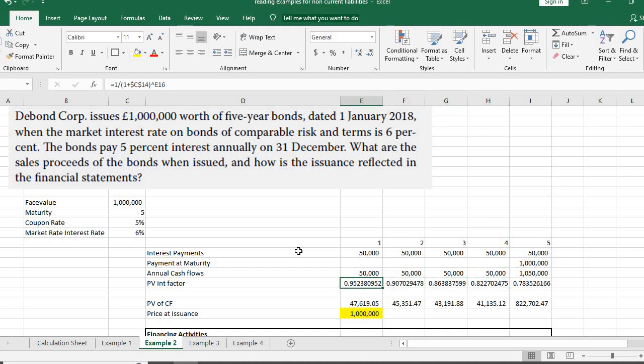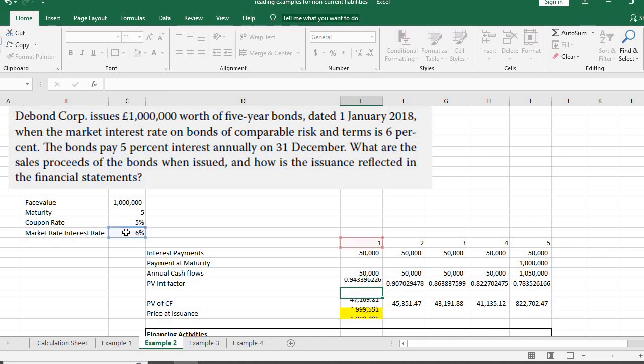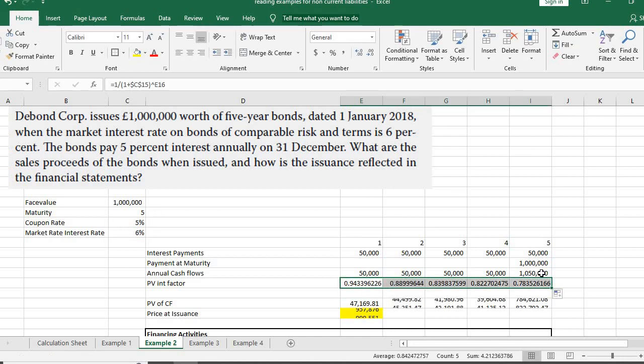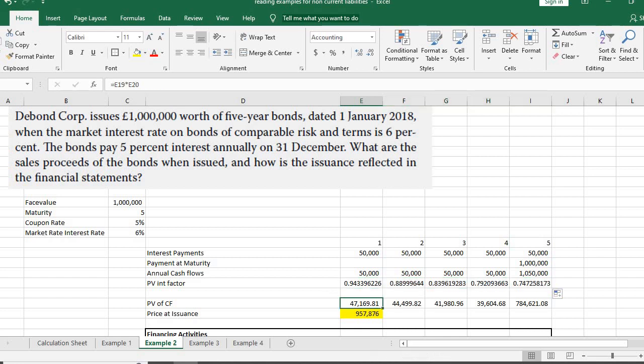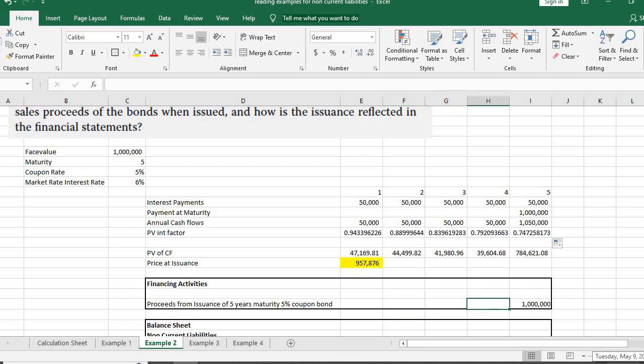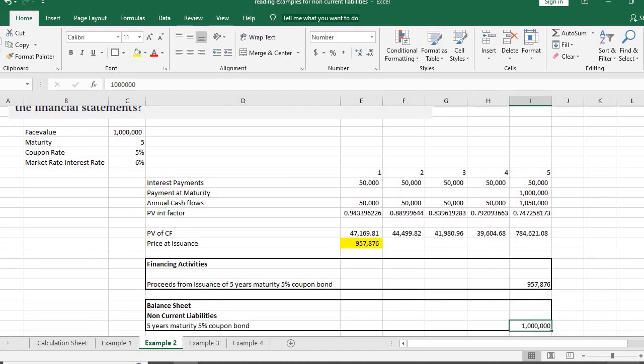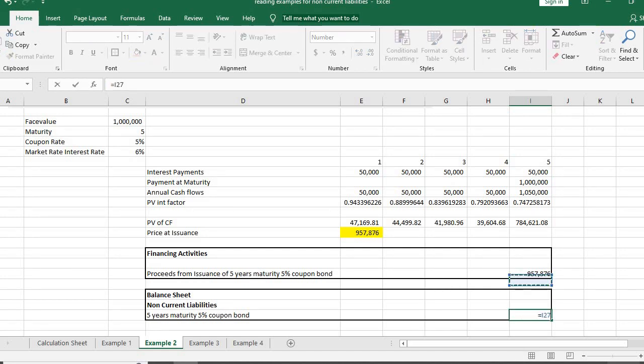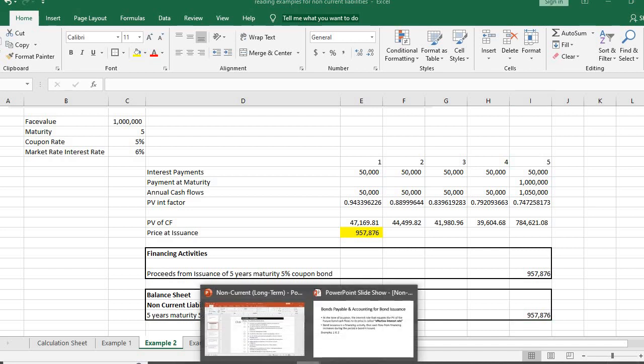The change in market interest rate is going to have an impact on our present value interest factors from the previous example, and then we calculate the price at issuance to be 957,000, and the balance sheet is going to reflect this. So this bond will be issued at a discount.